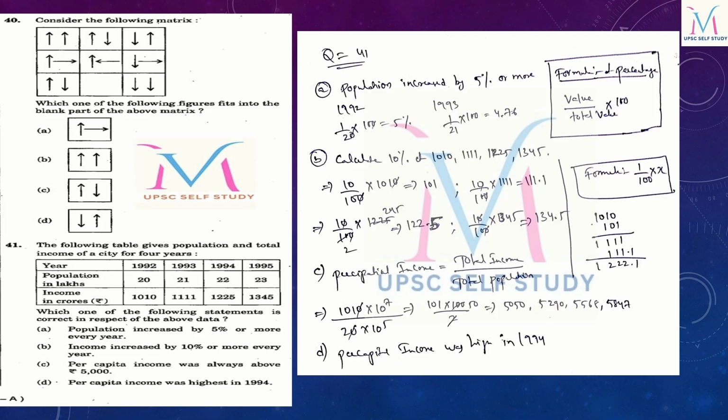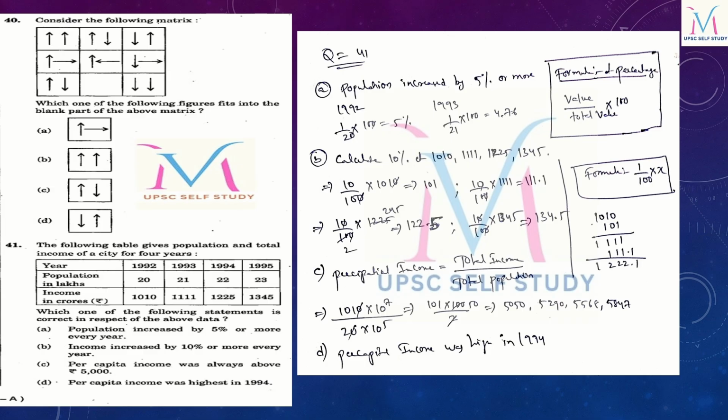So I hope you understood this statement C. And now coming to statement D. The per capita income was highest in 1994. In 1994, the per capita income is 5568. But in 1995, it is 5847.